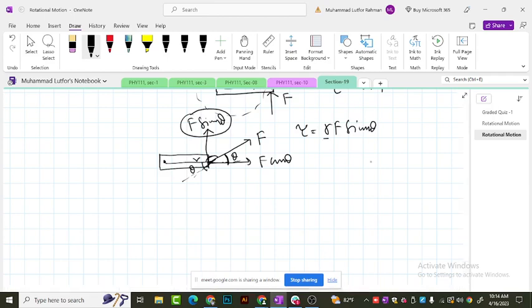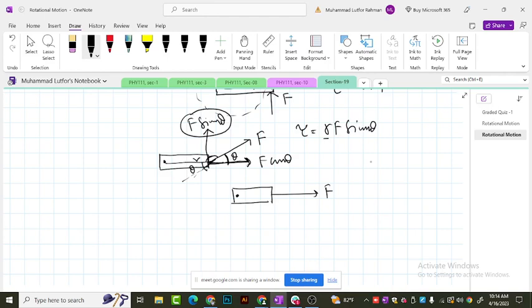Because if you apply the force in that direction solely, will that system rotate? Let's say if I apply the force in this direction, will the system rotate about this point? The system is not going to rotate, because the angle in that case is basically 0, right?